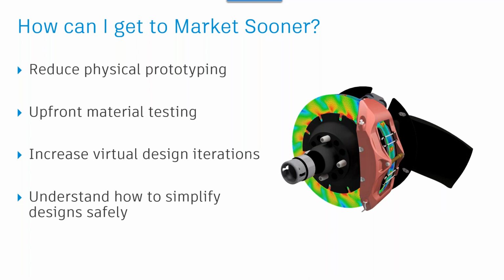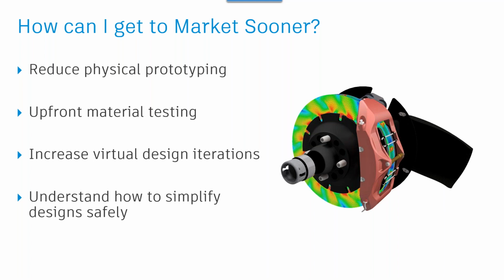So the amount of time and cost you spend on physical prototyping can be reduced significantly. And like I said, with upfront material testing, you can do different tests for different materials, different behaviors, and different situations. And as I mentioned earlier, it's getting through different design iterations. So I can change certain aspects of the design, certain thickness of the part, and understand how the part is going to behave before actually having to manufacture it.